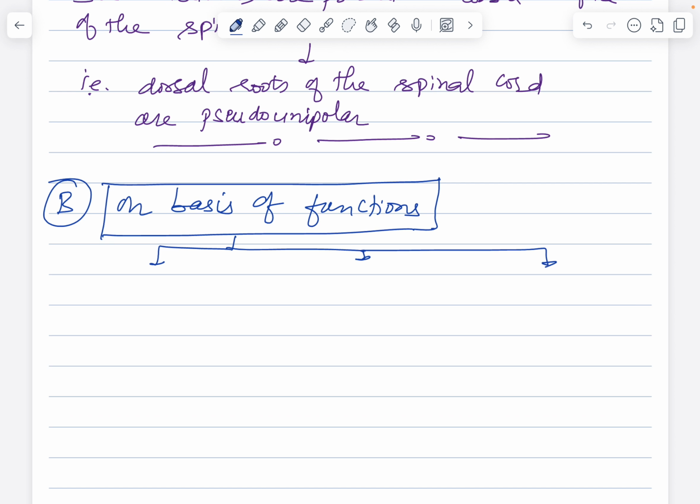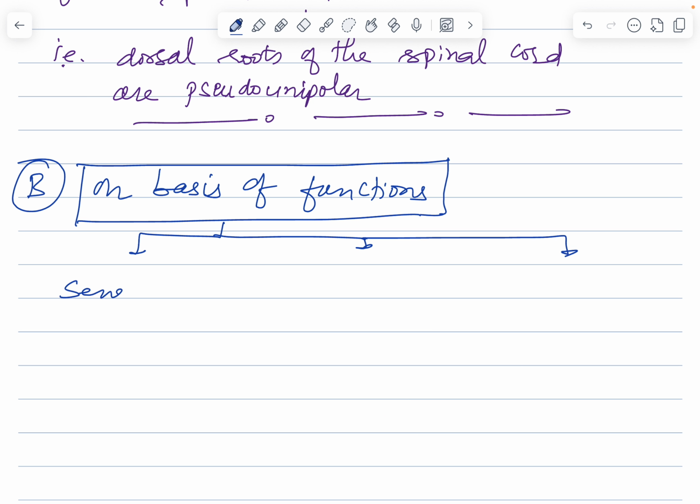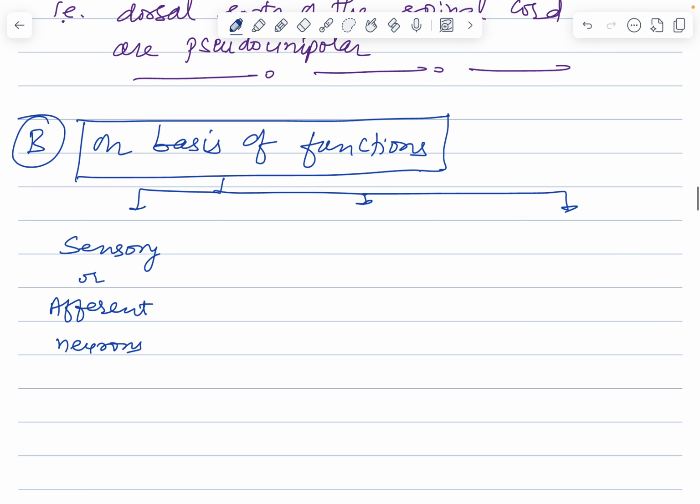The three types are sensory or afferent neurons, motor or efferent neurons, and the third one is interneurons.